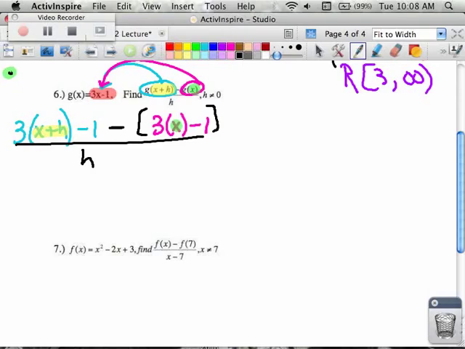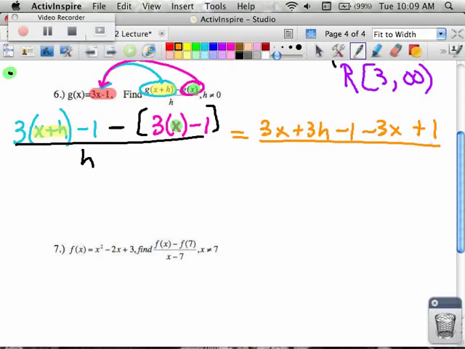Okay, I'm going to simplify. 3 times x, 3x. 3 times h, 3h. Don't forget about the minus 1. Oh, and then it's 3x, but there's a minus sign in front, so that's minus 3x. And then minus a minus 1 becomes plus 1.